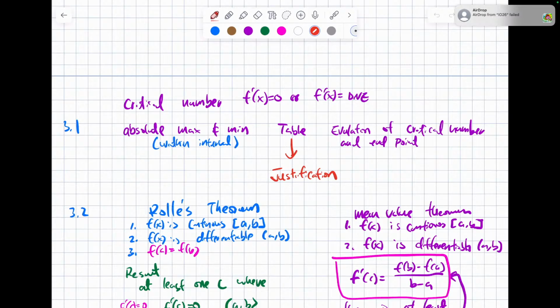And if you do a number line test, it should look like this: positive, negative, positive, negative. And then you'll get 0 to pi over 2, pi over 3. And then this is my graph. There's no cusp anywhere. It's all smooth. Sine graphs never have a cusp.